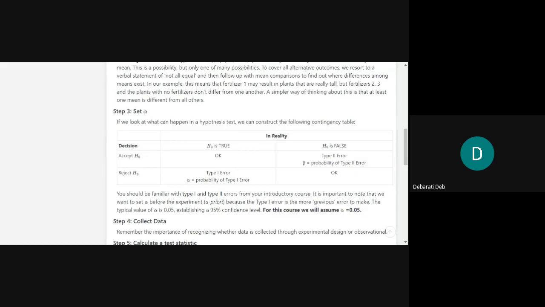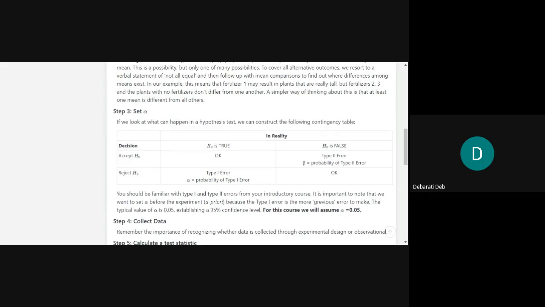The typical value of alpha is 0.05, establishing a 95% confidence level. Now see this value of alpha, you write it in your copy. It's not there on your screen, so write it in your copy: the value of alpha can be 0.05 or 0.01.